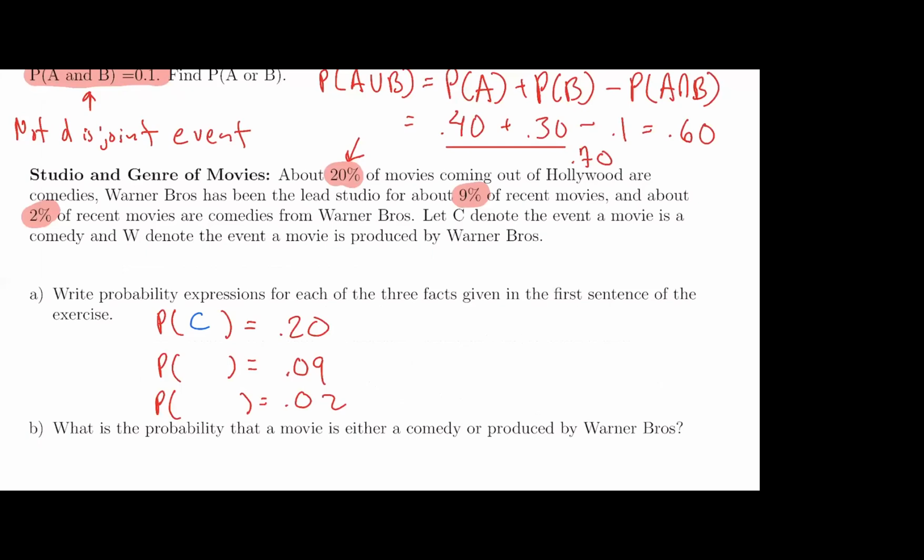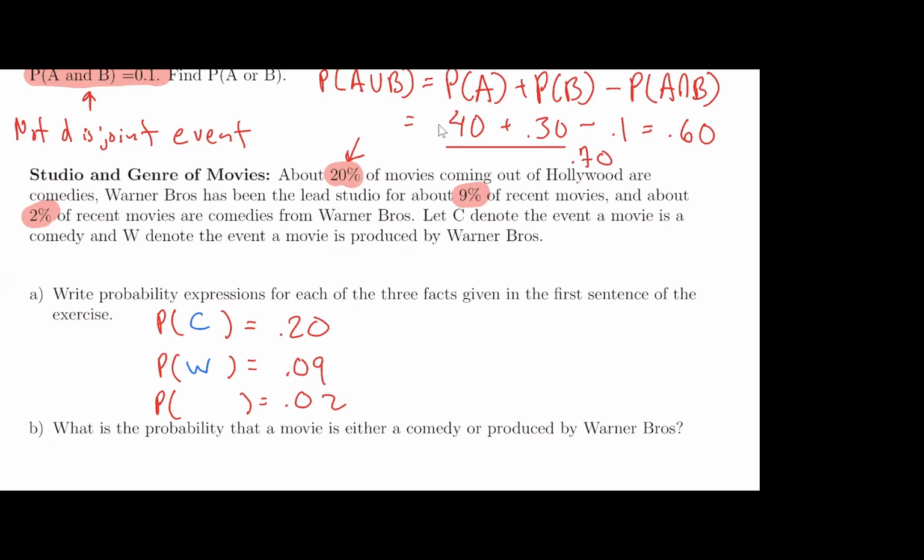All right, so C for comedy. What about the 0.09? What does the 0.09 represent? Recent movies? Well, what type of recent movie? Like who produced the recent movie? Warner Brothers. So we're gonna put W. And lastly, we have the 0.02.